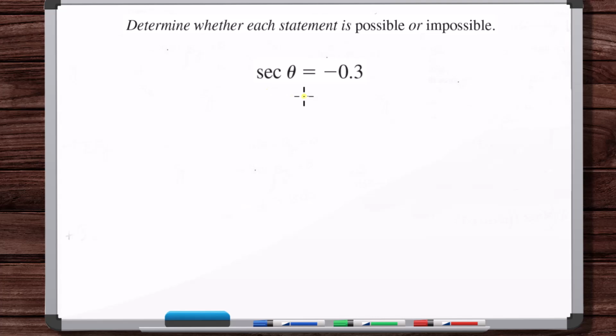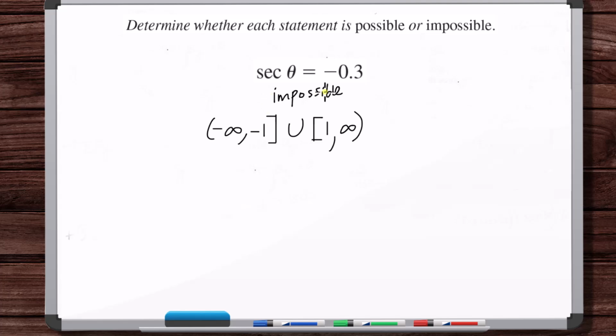Secant theta is -0.3. What is the range of secant? Secant and cosecant have the same range. It's -infinity to -1, including -1, in union with 1 to infinity. This is outside of that range, so this is impossible. I'm not going to get into the details again on where this range comes from; we go into detail on this in the previous video.